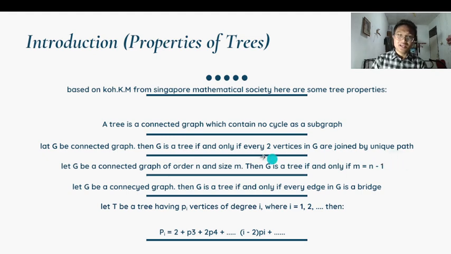Okay, then next we will look at the properties of a tree. Here I take from an article from GoKM, from the Singapore Mathematical Society. Here are some of the properties.